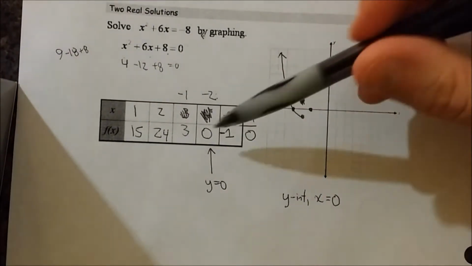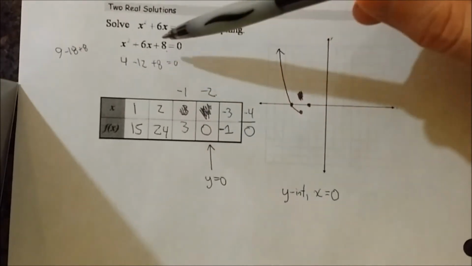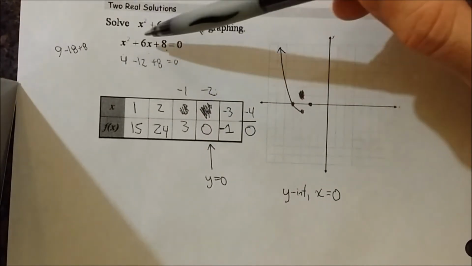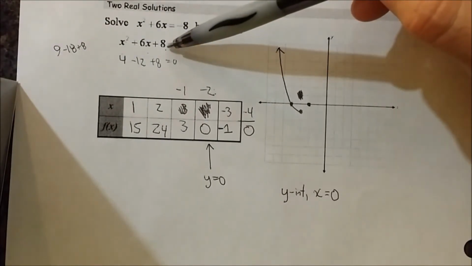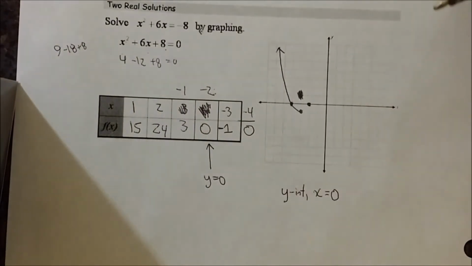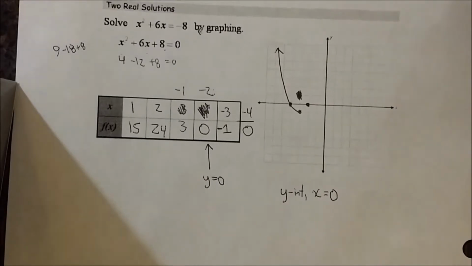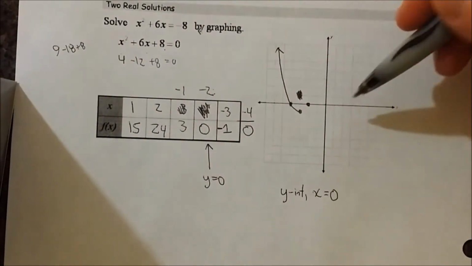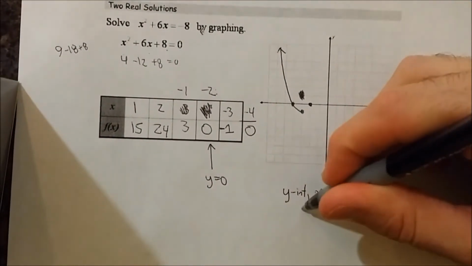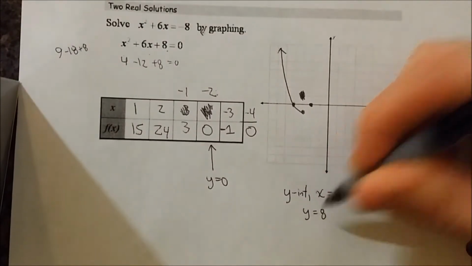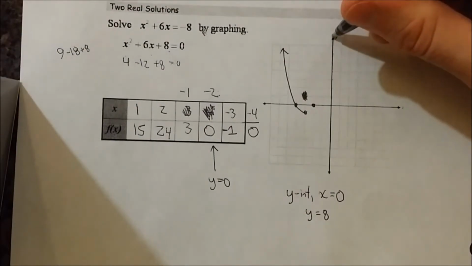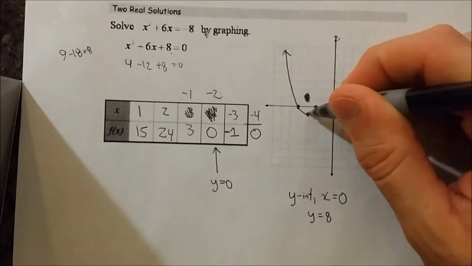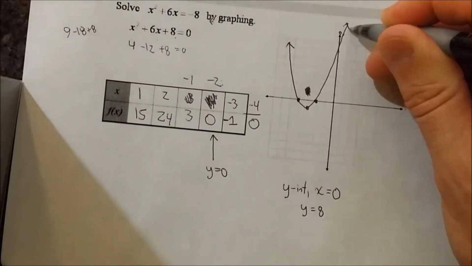If I plug that into my equation, the two terms with the x's disappear because they equal 0, and I'm just going to get 8. So I will be just getting y equals 8. I'm going to count that up over here, 1, 2, 3, 4, 5, 6, 7, 8. And that will be more than enough info for me to draw that graph.